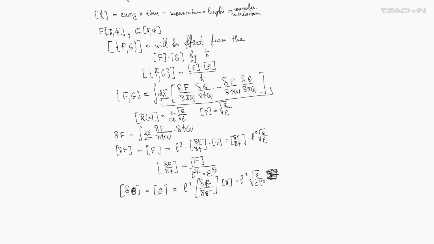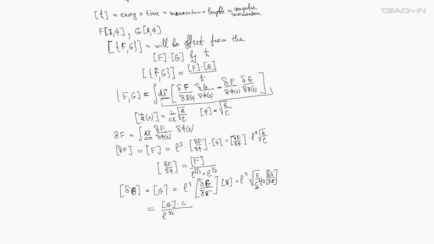So by this quantity here, delta G over delta T, this gives us the dimension of G multiplied by C, divided by L to the power 3 over 2. This is 3 minus 3 over 2, which gives 3 over 2, and square root of energy. Yes, now we are ready.